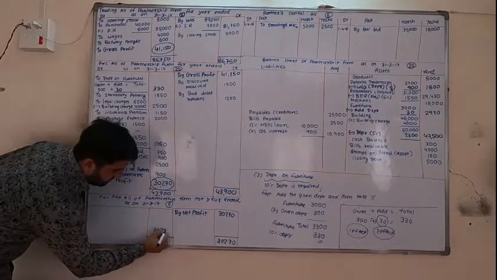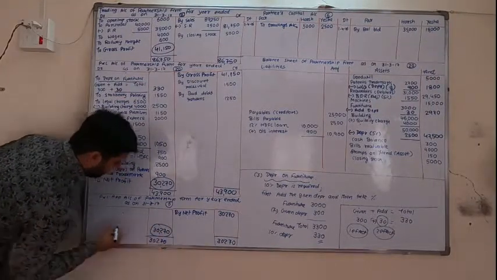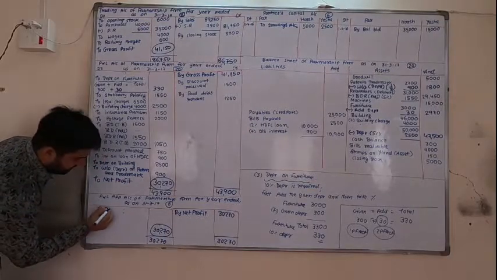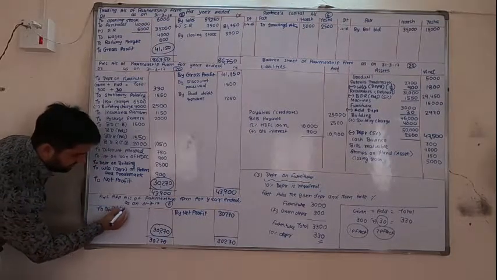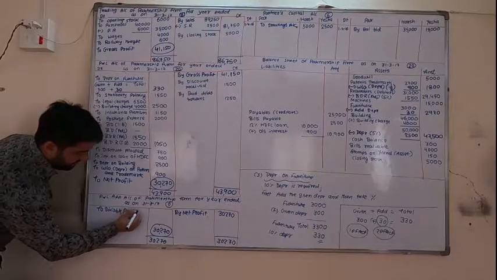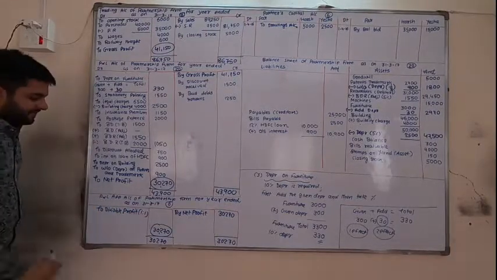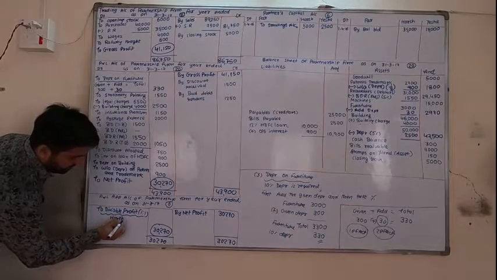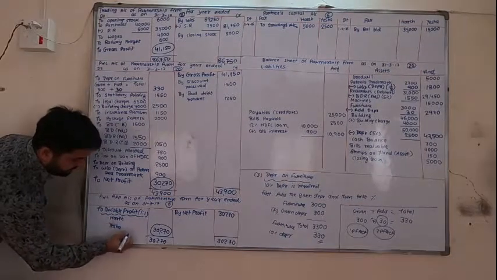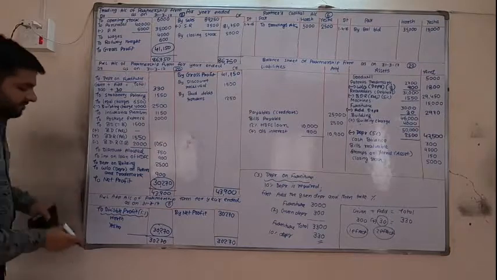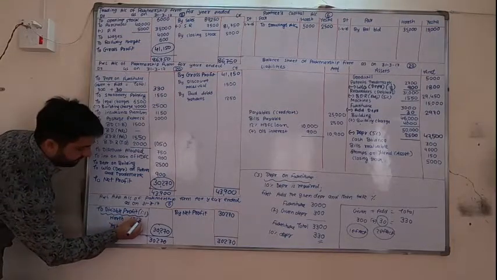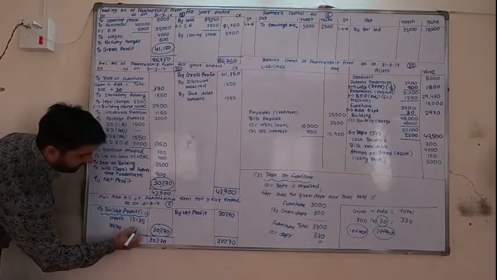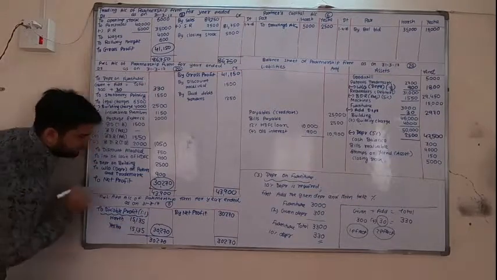Profit is also 30,270. Now this profit is divisible profit. Now no ratio is given, so in the equal ratio between both the partners, Harsh and Yesha, divide this amount by 2. So 15,135 each.